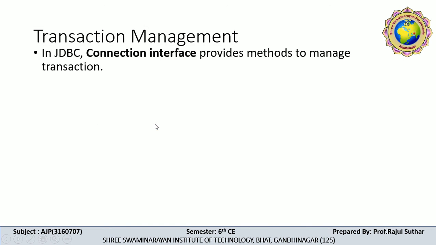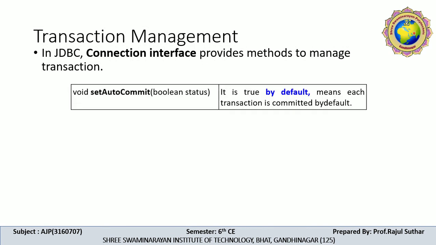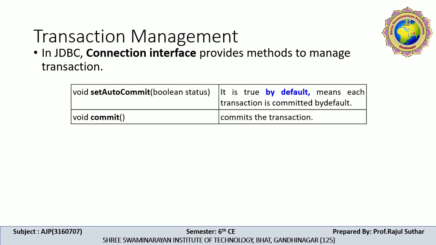In JDBC, the Connection interface provides methods to manage the transaction. First, void setAutoCommit, which takes a boolean status. It is true by default, meaning each transaction is committed by default. Why do we require commit in a DBMS?